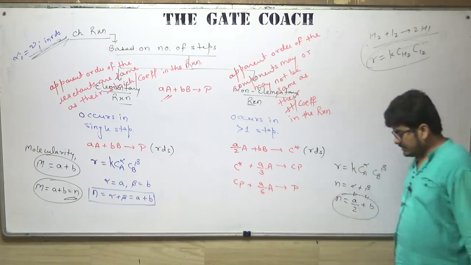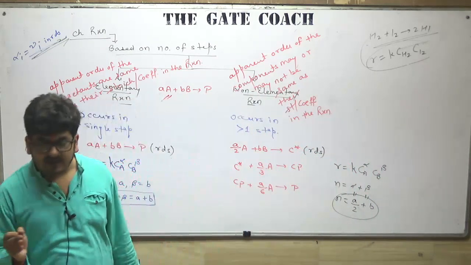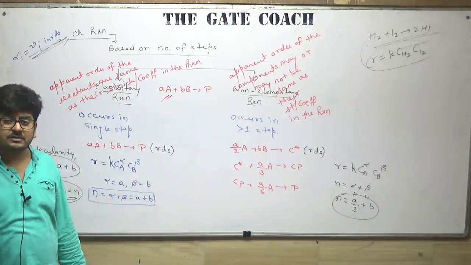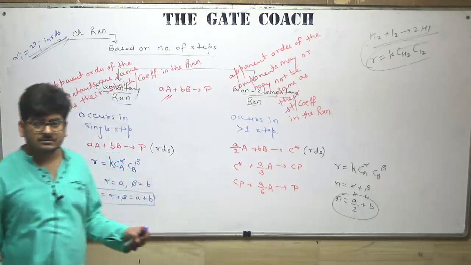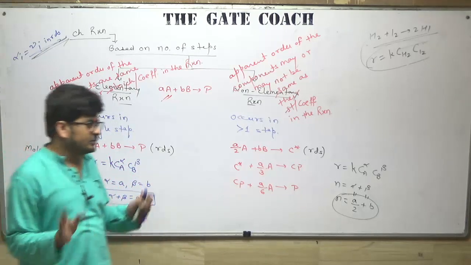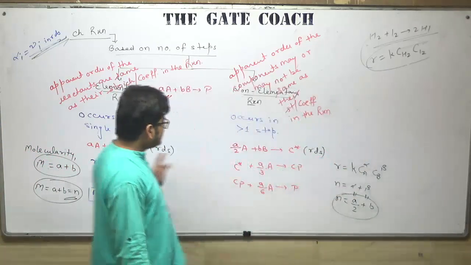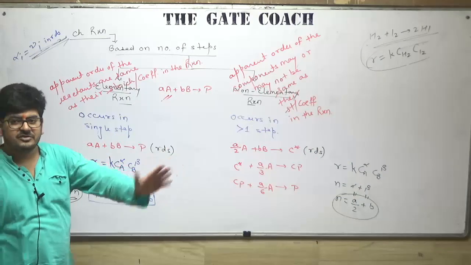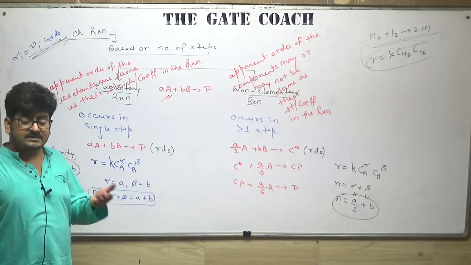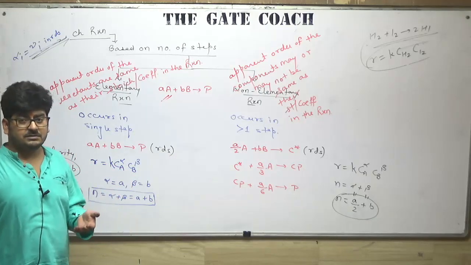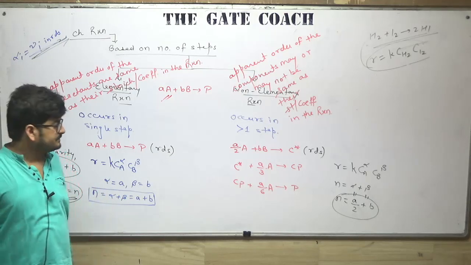So for us, every chemical reaction is non-elementary reaction. We will consider any reaction to be elementary only and only if it is given. Otherwise, that is non-elementary for sure. So I hope it is clear to all of you. This is something about the elementary and non-elementary reactions. Now the question is, why in this world the order of reaction can be zero, negative, fraction?